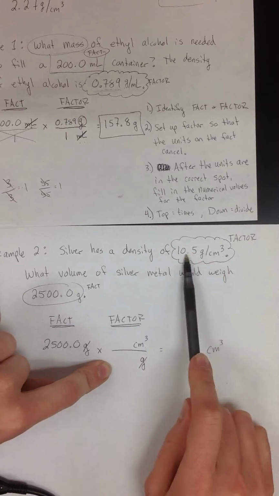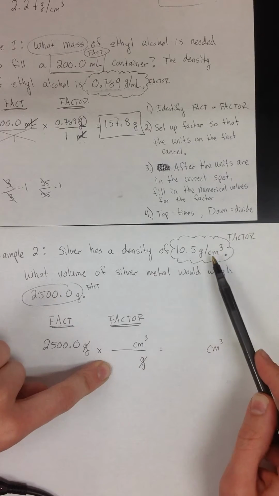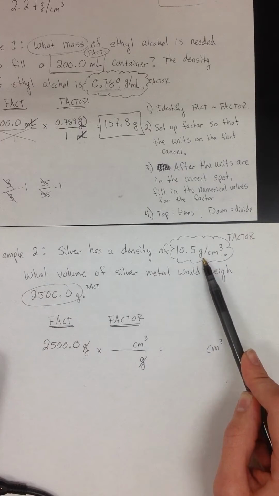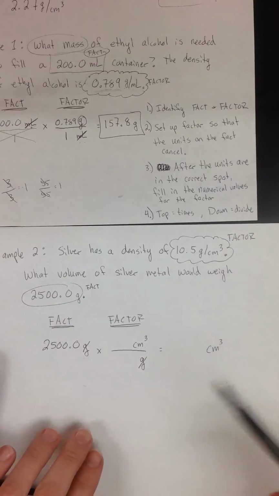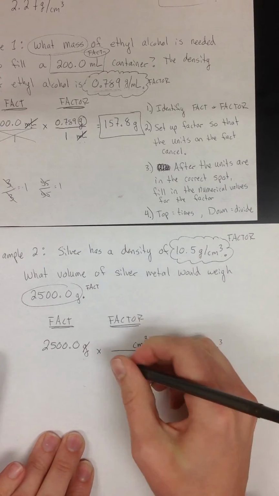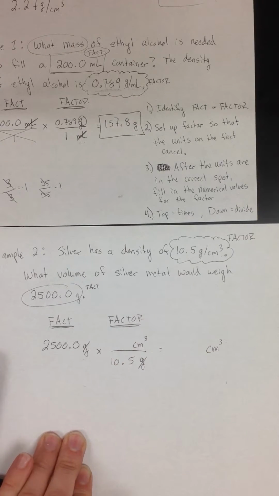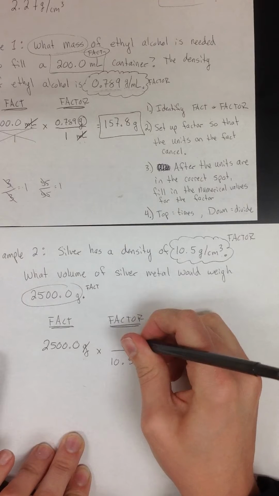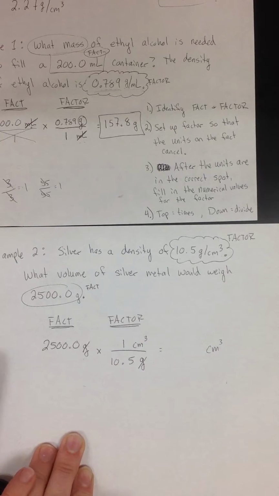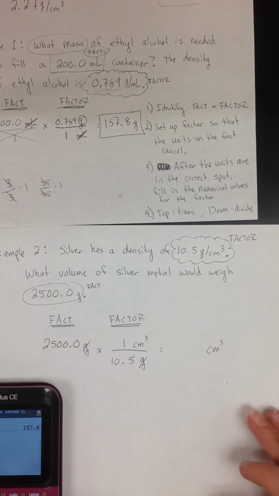Well, this can be written as 10.5 grams for every 1 centimeters cubed. So my 10.5 goes with my unit of grams, and that is for every 1 centimeter cubed. Now I've got my numbers in the right spot. I can go ahead and solve this.